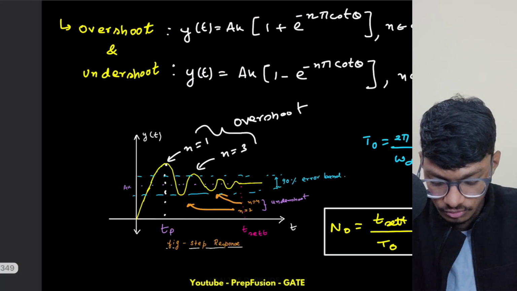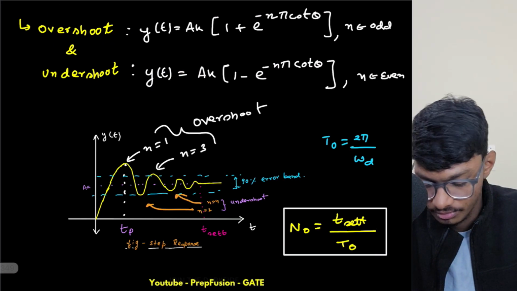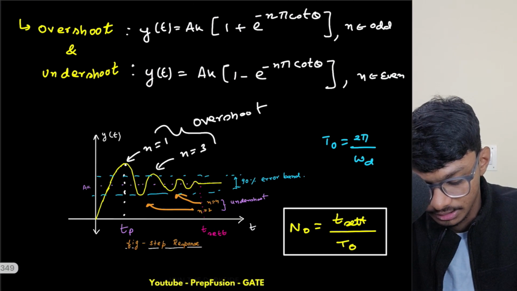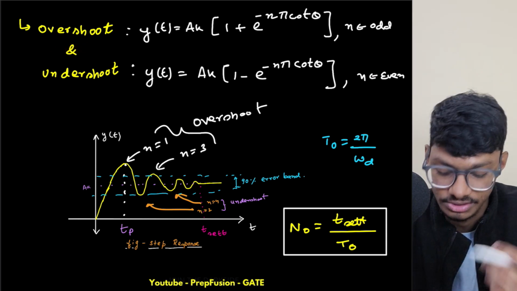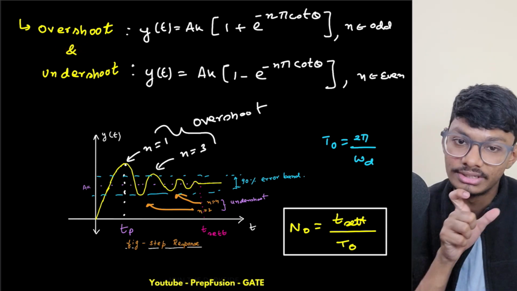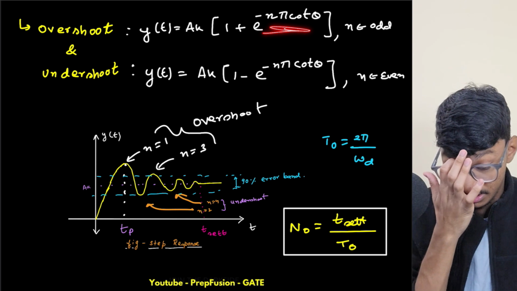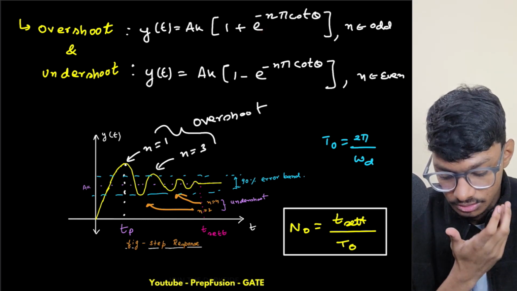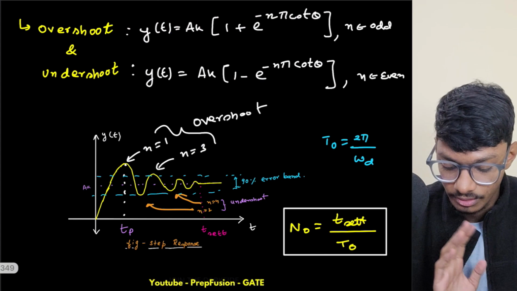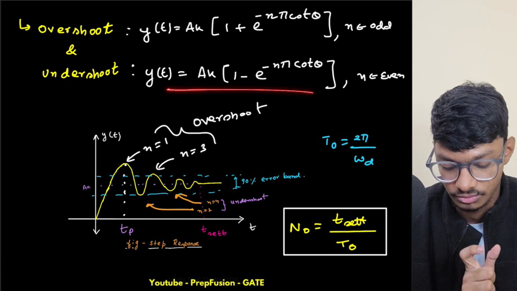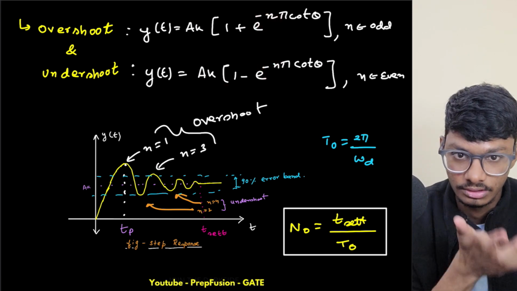Now, what is the value of the overshoot? You put t equal to this in the standard equation and you get your overshoot and undershoot, with n varying 1, 3, and so on.